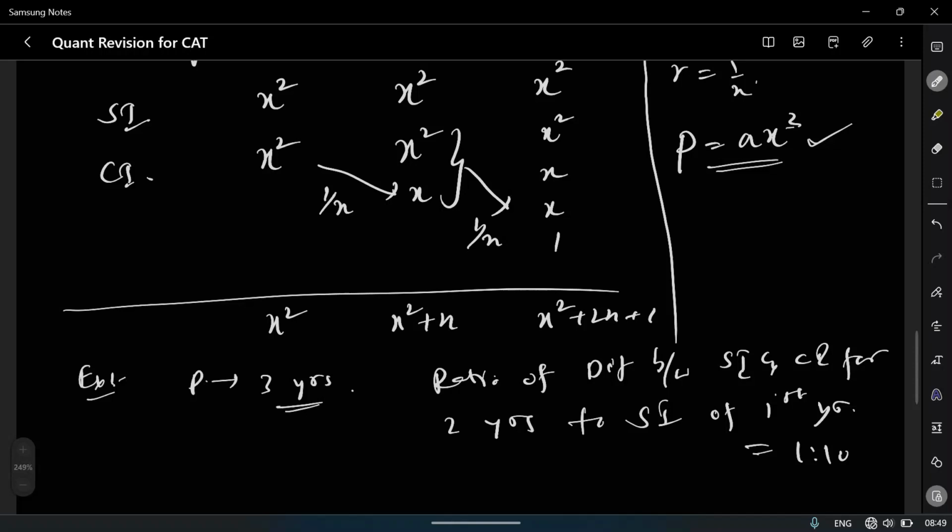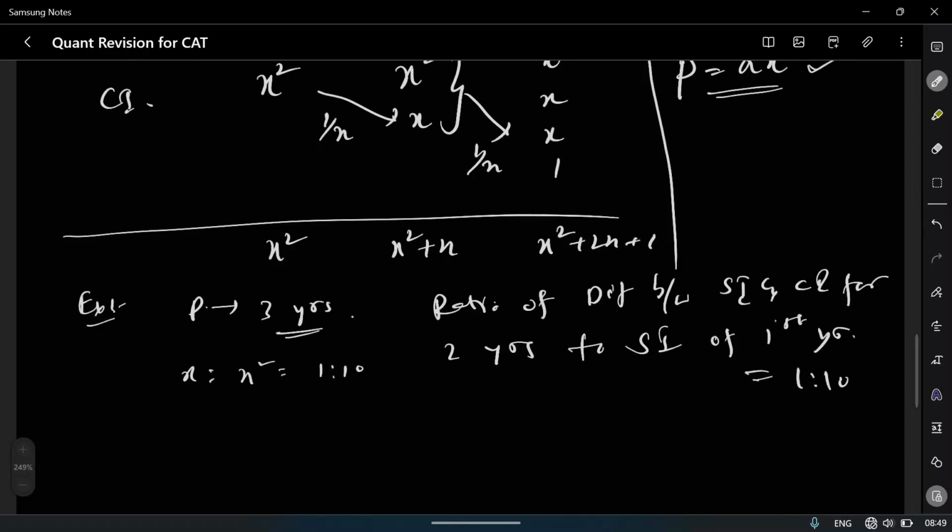So the ratio is x is to x square equals 1 is to 10. Okay, so x equals 10. That implies 1 by 10 converted to percentage is 10%. 10% is the rate of interest.